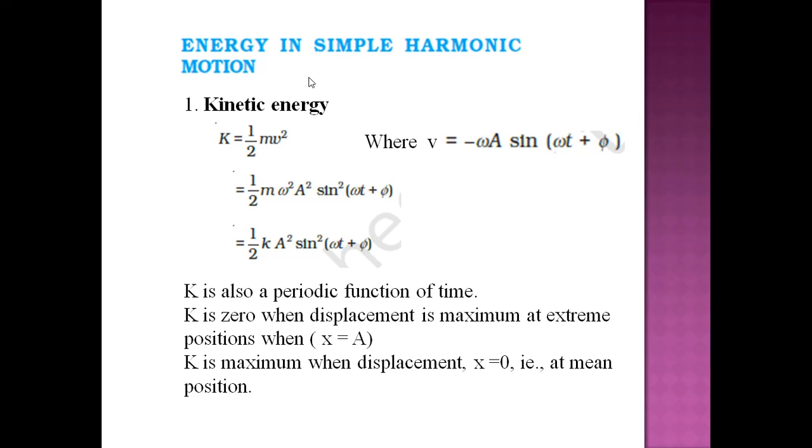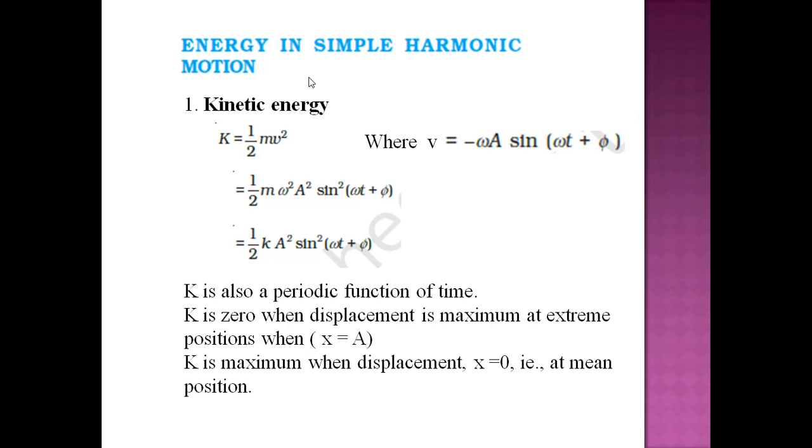Now kinetic energy is also a periodic function of time, because we have the omega t factor coming into the formula. Kinetic energy will be 0 when the oscillating particle is at an extreme position, or its displacement is maximum, when x equal to plus or minus a.